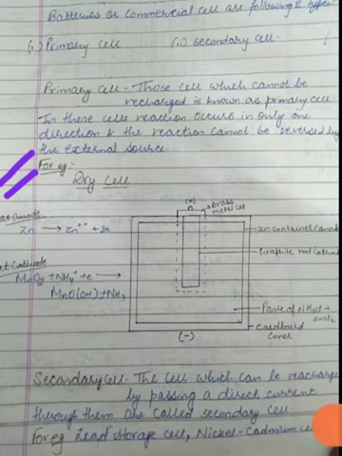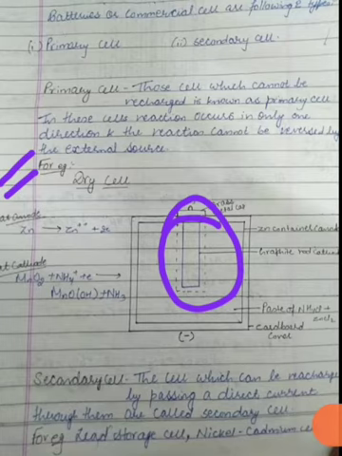Here you can see ammonium chloride and ZnCl2. The zinc cylinder acts as the anode, while the cathode is a graphite rod.